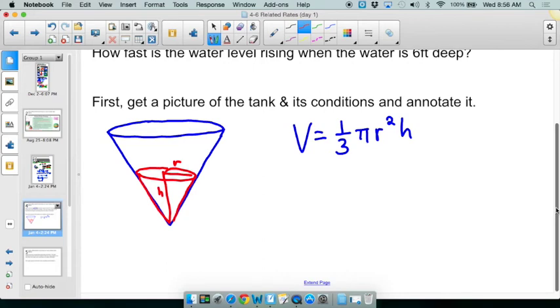Okay, and when we take that snapshot, we have a height equal to 6 feet. Does it say anything about the radius? No, it doesn't. But then it gives you the shape of the tank. The overall height of the tank is how much?